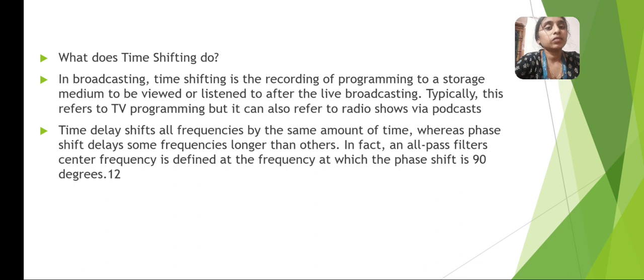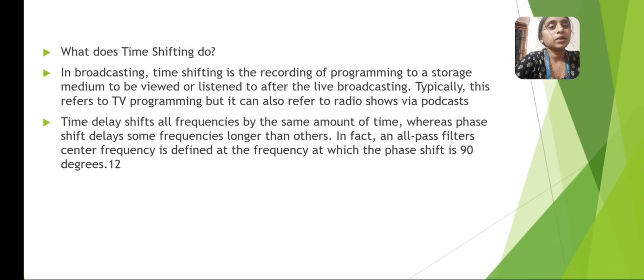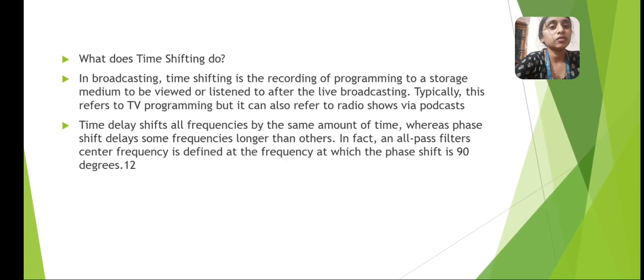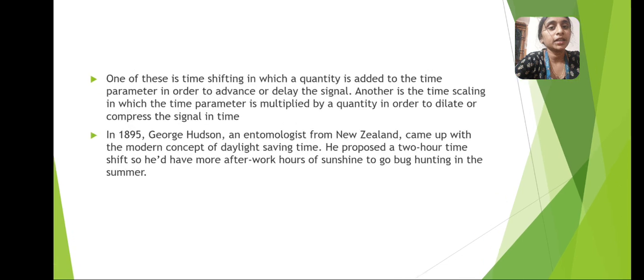Time delay shifts all frequencies by the same amount of time, whereas a phase shift delays some frequencies relative to others. In fact, an all pass filter's center frequency is defined as the frequency at which the phase shift is 90 degrees.